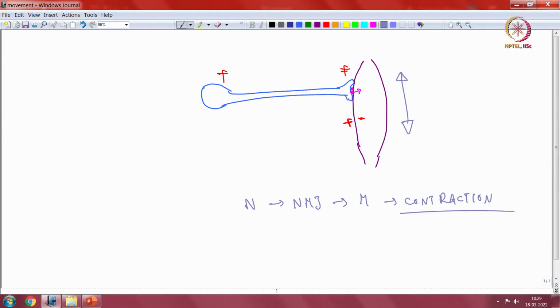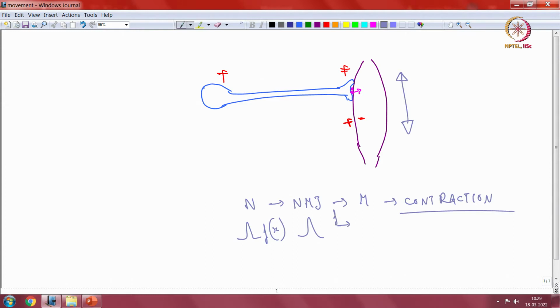Now, contraction as such, if you remember, we discussed how action potentials are there, and even at the NMJ there is a fixed quanta of neurotransmitters which are released, and that signal is conveyed. Of course, there is amplification which happens in the transfer of information.